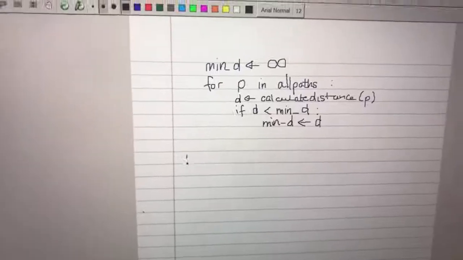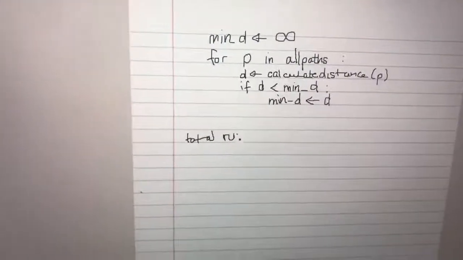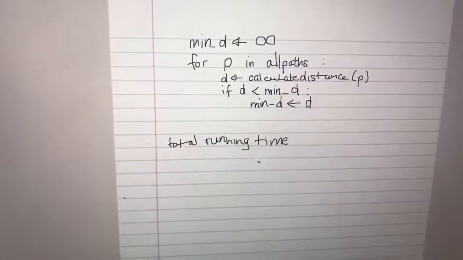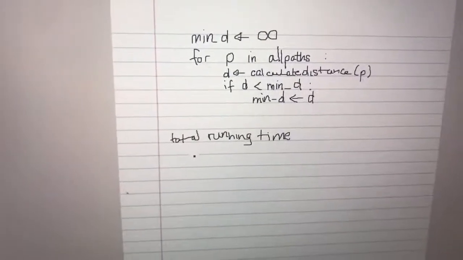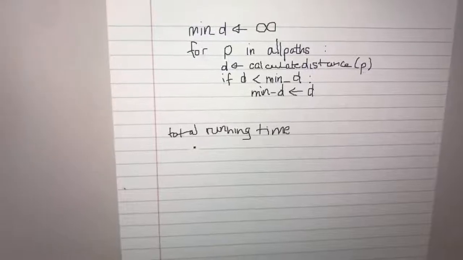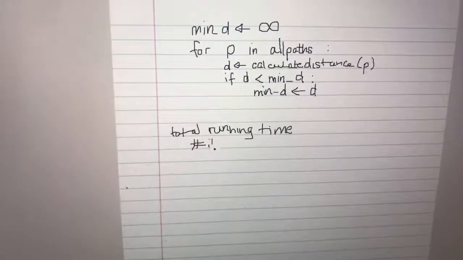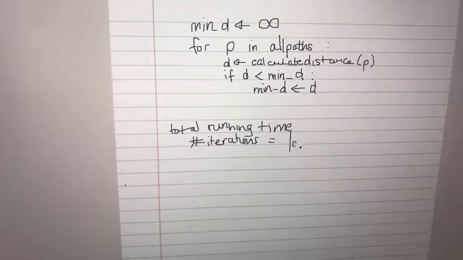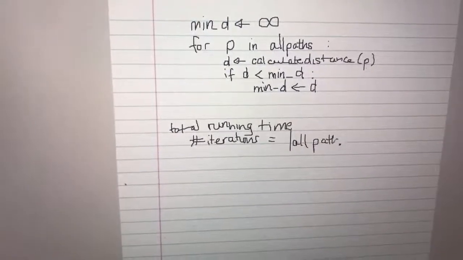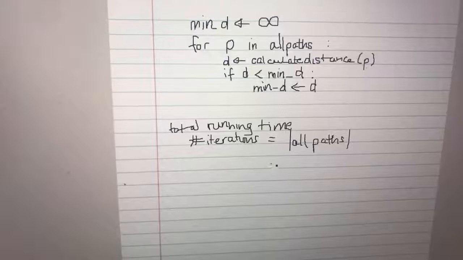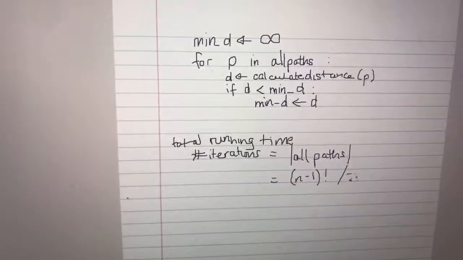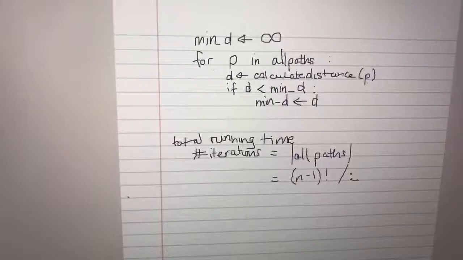So then the total running time is, we have to do the number of iterations equal to the size of all paths. So we know what that is. Let's work that out in the first part of the question.